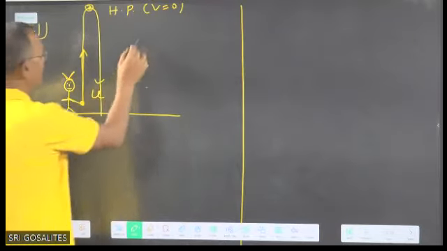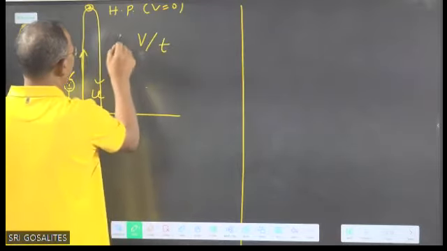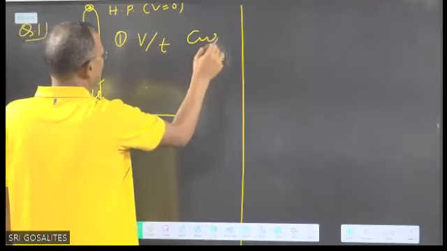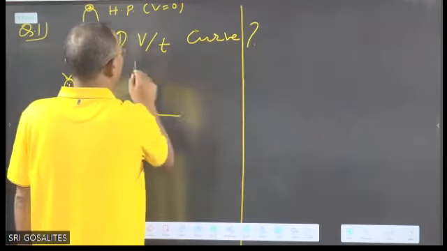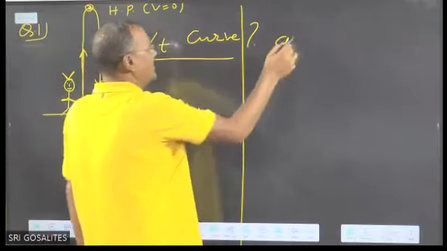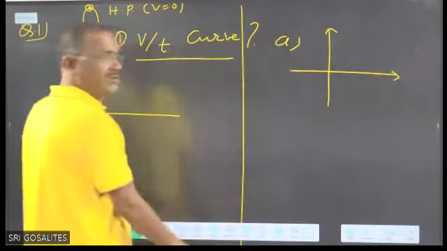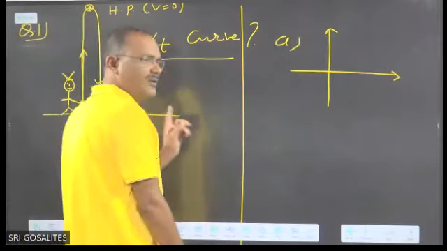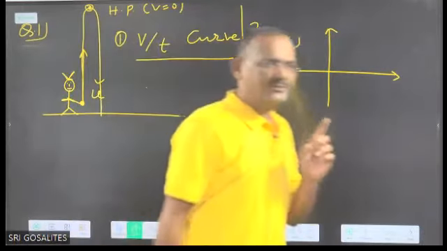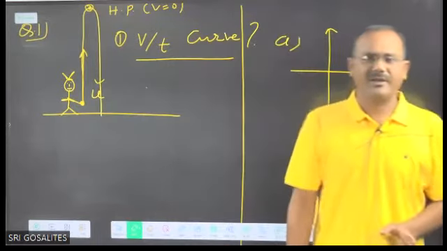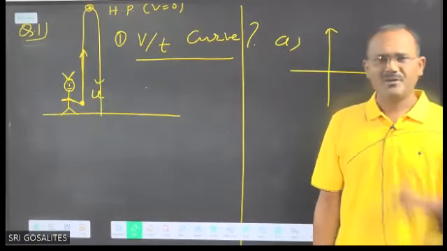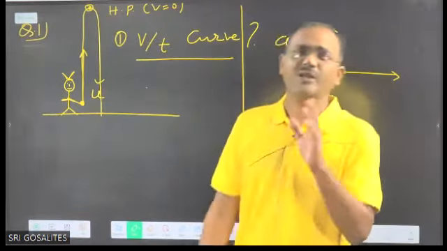Now I want the velocity graph for this VT curve. How will the curve be? Options are there with you. I'm asking the velocity time curve. It's a very common question, kids. In the last 35 years, or in the history of medical entrance of 40-45 years, this question has been asked at least 200 times.